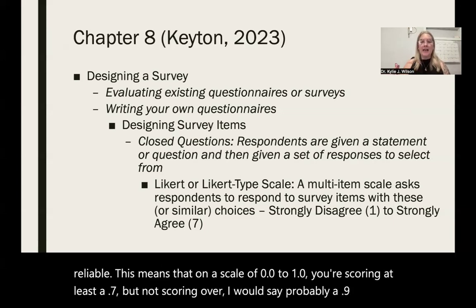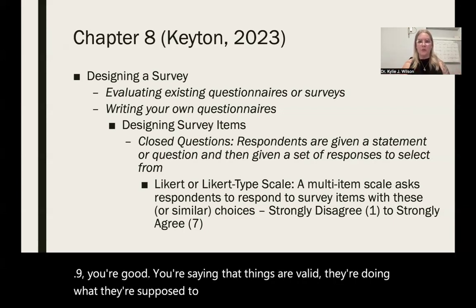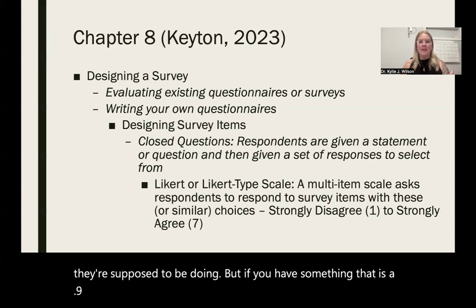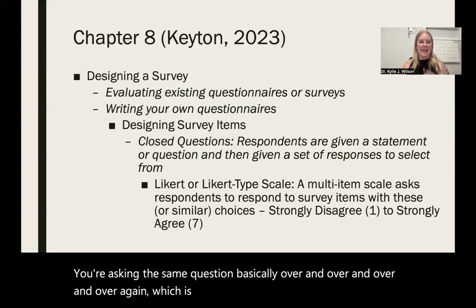If you're 0.9, you're good. You're saying that things are valid, they're doing what they're supposed to be doing, they're measuring what they're supposed to be measuring. But if you have something that is a 0.97, you're asking the same question basically over and over again, which is how you get to that 0.97, because it's just asking the same thing.